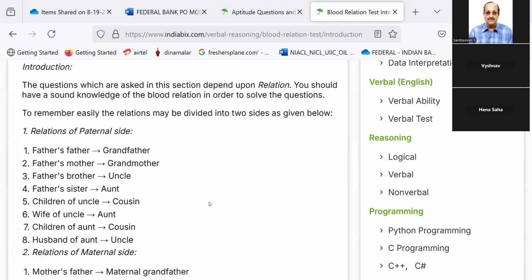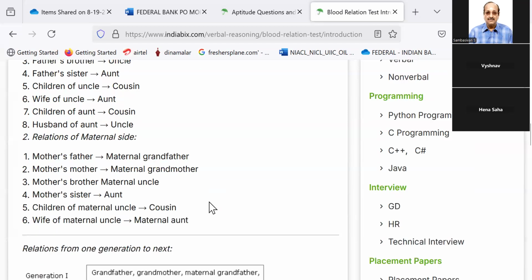Husband of aunt, uncle. Relation of maternal side. Mother's father is maternal grandfather. Mother's mother, maternal grandmother. Mother's brother is maternal uncle. Mother's sister is aunt. Children of maternal uncle, cousin. Wife of maternal uncle, maternal aunt.